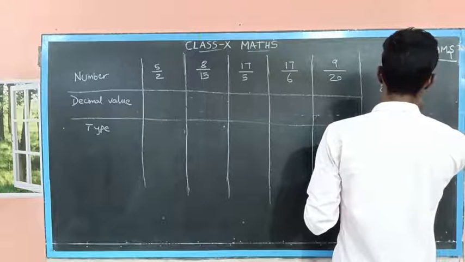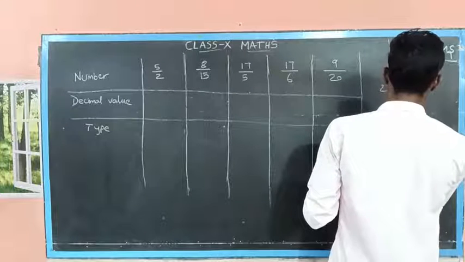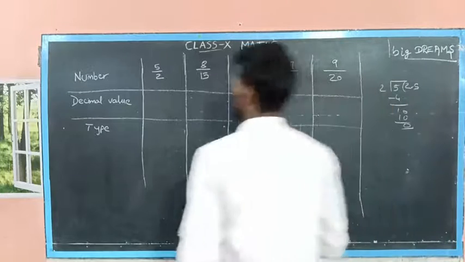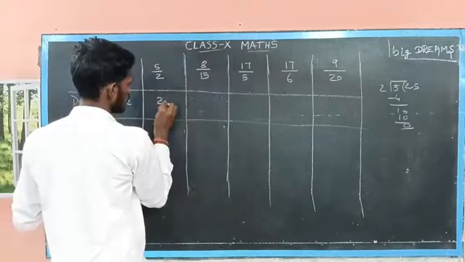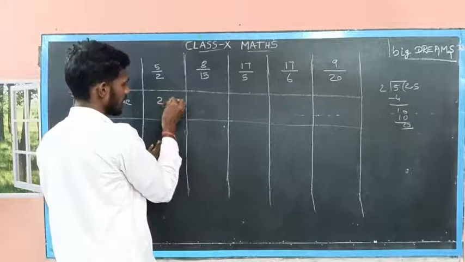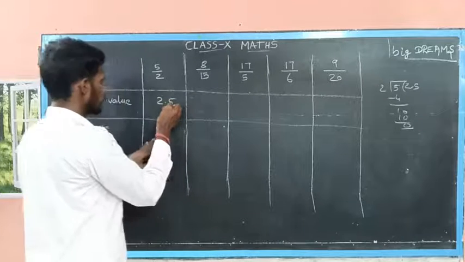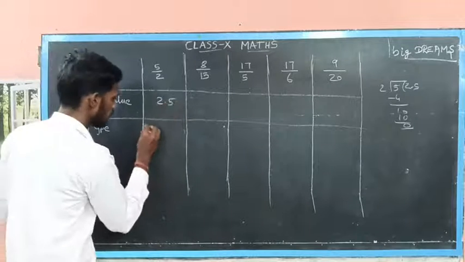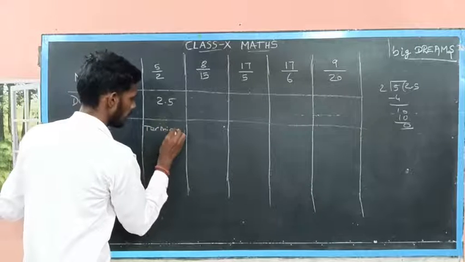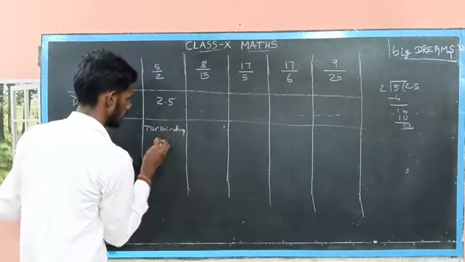Here the quotient will be 2.5. So the decimal value here is 2.5. After the decimal point there is exactly one digit. So it lies in the category of terminating decimal.